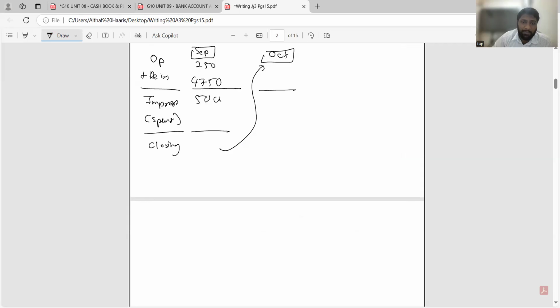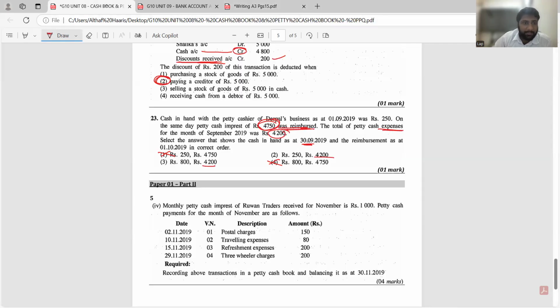Then here it is 5,000. Spent 4,200. Then the balance is 800. Then with 800, again to take it back to 5,000, they have to reimburse 4,200. So 4,200 and 800 is the answer. That answer is there in the third option.